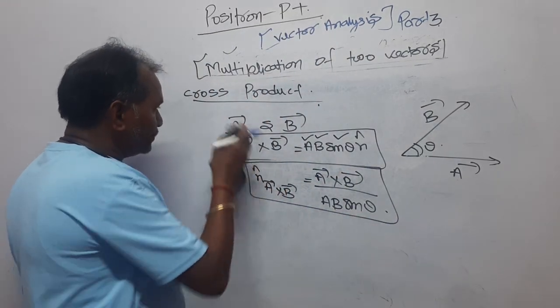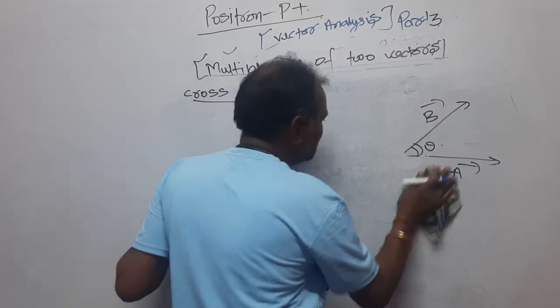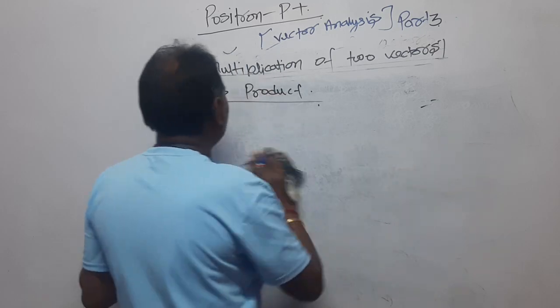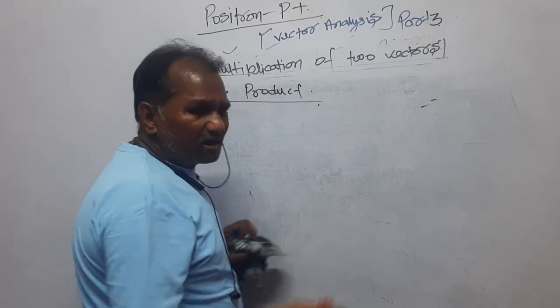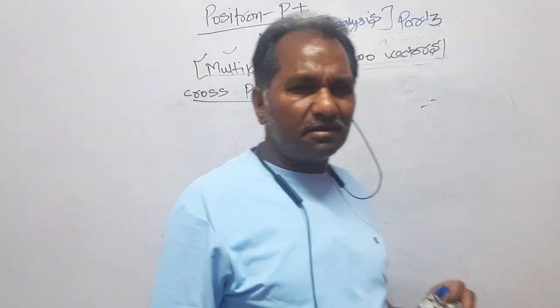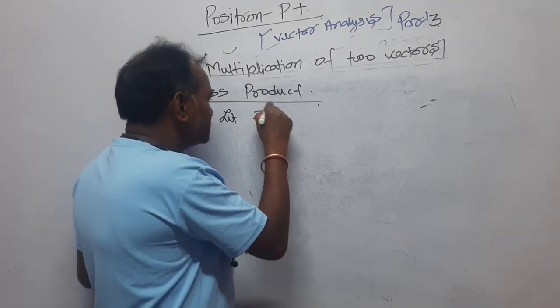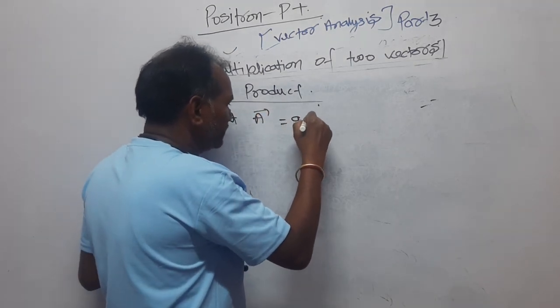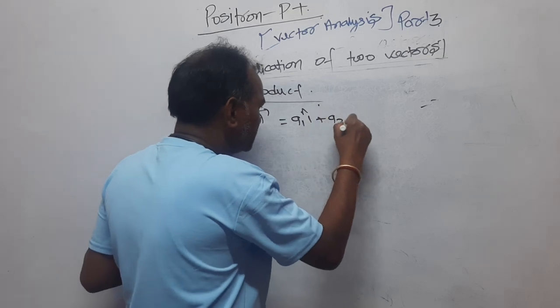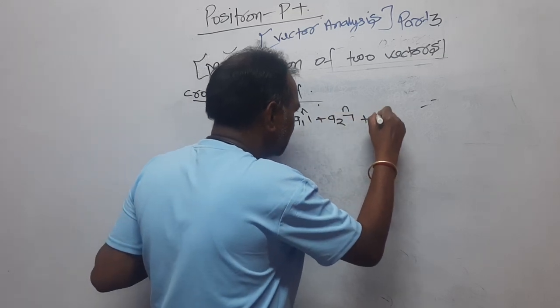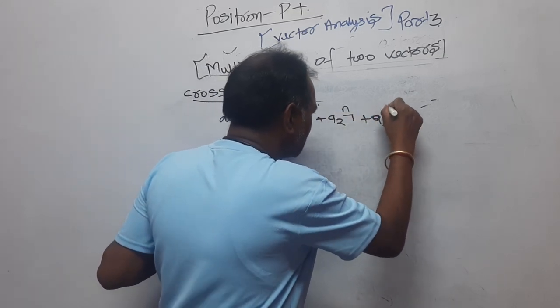Now let's move on. Dear students, some very important, general thing we have to discuss. Let vector A be A1 I cap plus A2 J cap plus A3 K cap, simply.